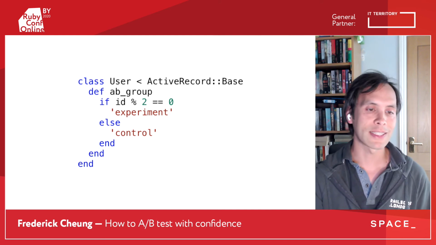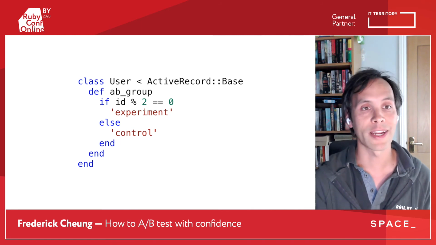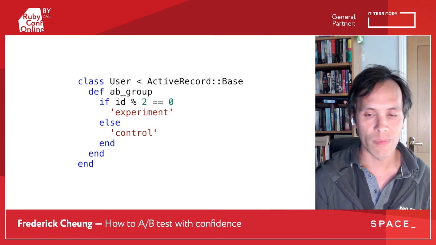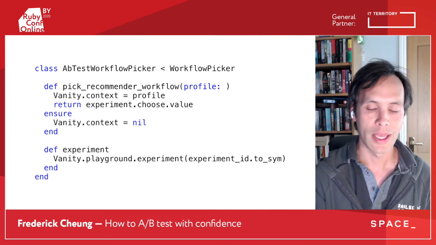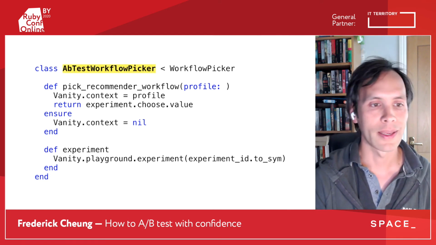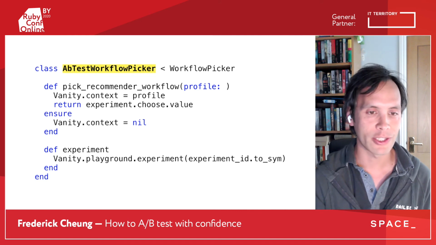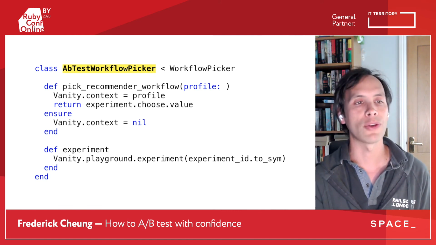So you might remember this slide from a few minutes ago, which is my faulty AB group setup. This is a bad way of doing it. The modern version of this in our code base looks like this, and I'll talk you through it quite quickly. This is class AB test workflow picker, and in our code base, the workflow picker is a thing that says what algorithm should we use to recommend you content.